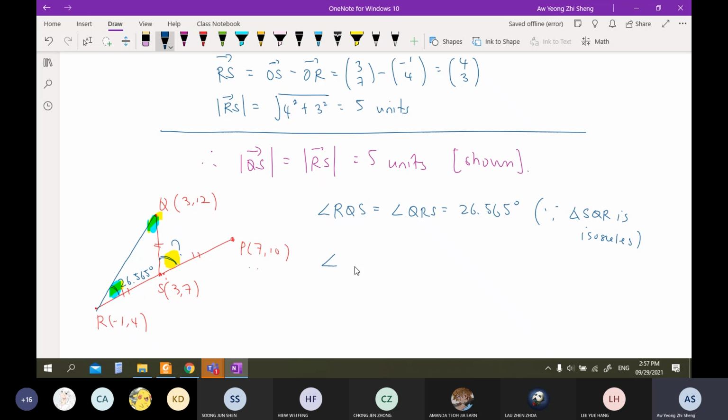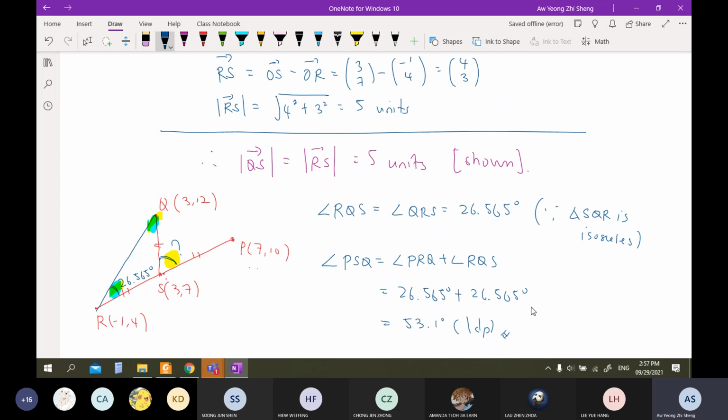And then angle PSQ that they want will be angle PRQ plus angle RQS, which is 26.565 degrees plus 26.565 degrees, and in the end you will get the required answer of 53.1 degrees, rounded to 1 decimal place, and that's it.